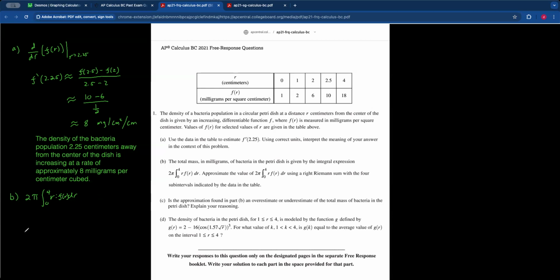So this right here will be approximately 2 pi, and what we said earlier, 1 times f of 1 is 2 times the interval length, which is 1 minus 0, which is 1.